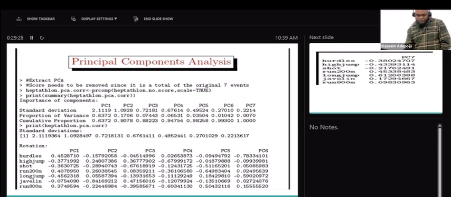Let me tell you this. When you are using the correlation matrix for your principal component analysis, we can use a threshold of 1. When you take a look at the standard deviation, a principal component that has a standard deviation of more than 1 should be considered. But I cannot use that threshold when I use a covariance matrix.